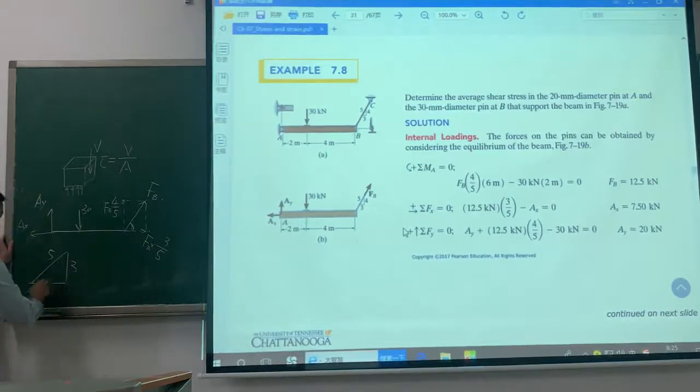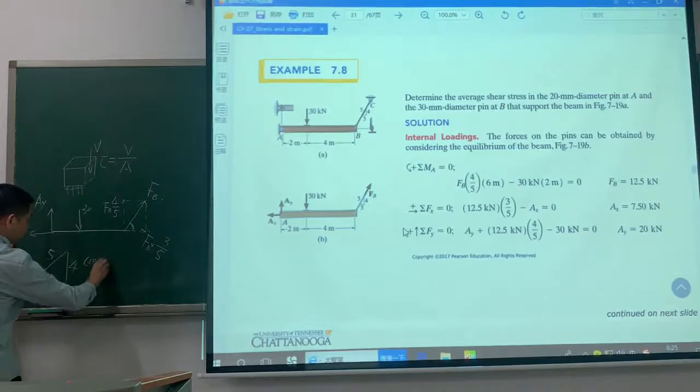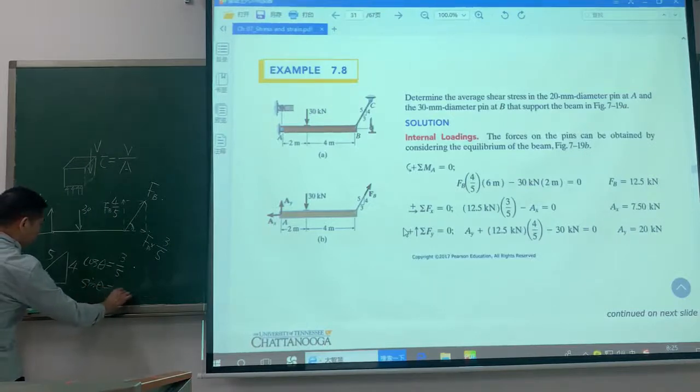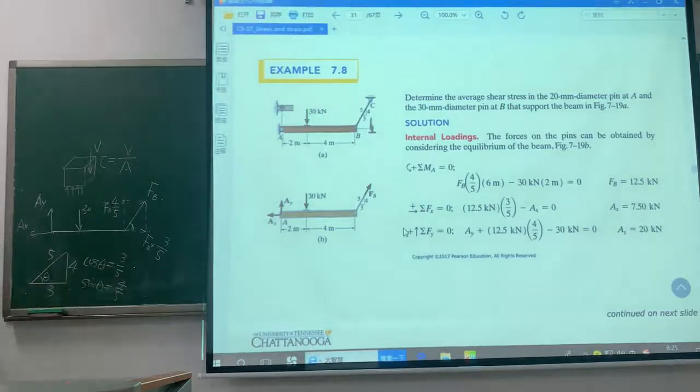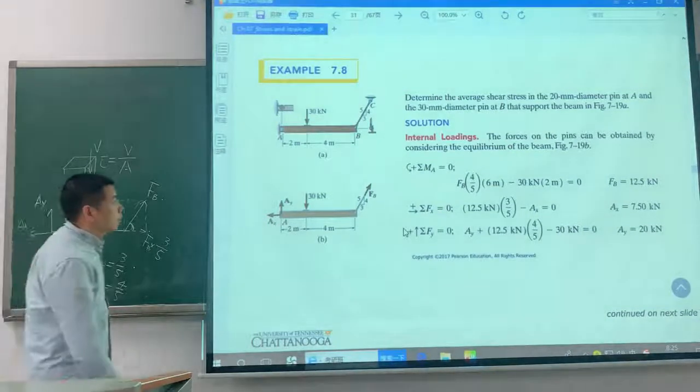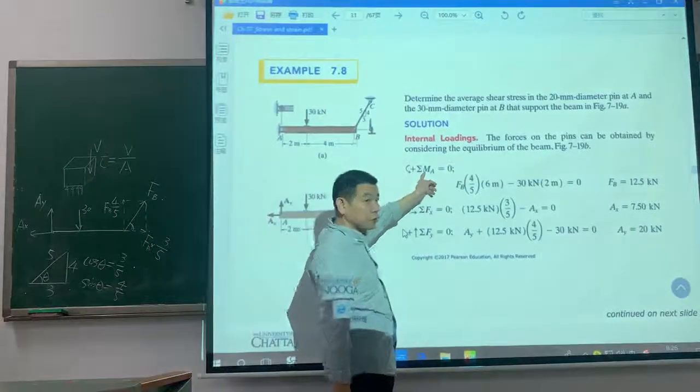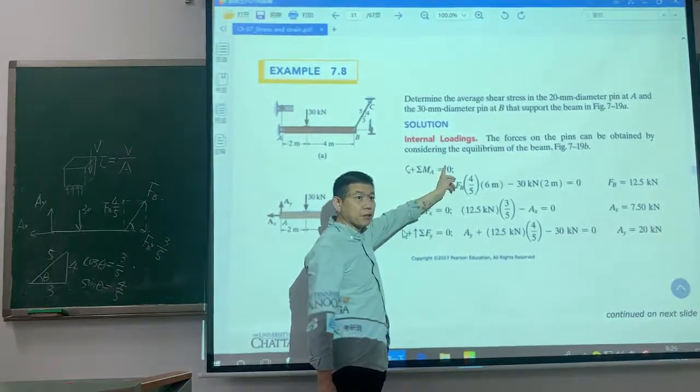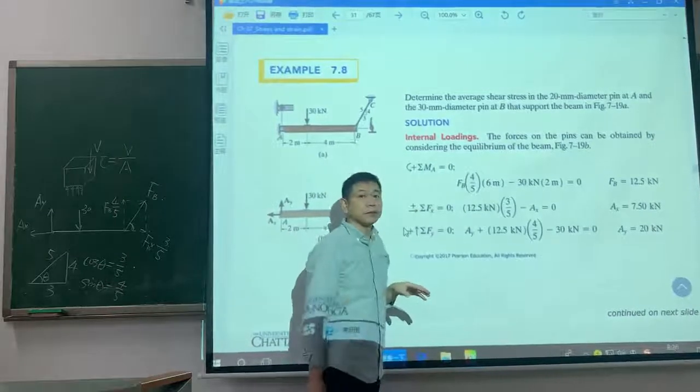Cosine theta equals sin theta. Understand? So, the summation of the moment about the point A must be 0 because the rod is balanced.